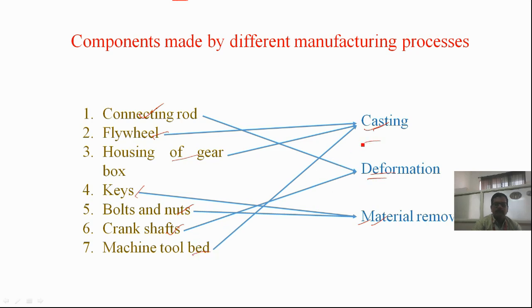So here we have seen some key components in engineering applications. They use different manufacturing processes.